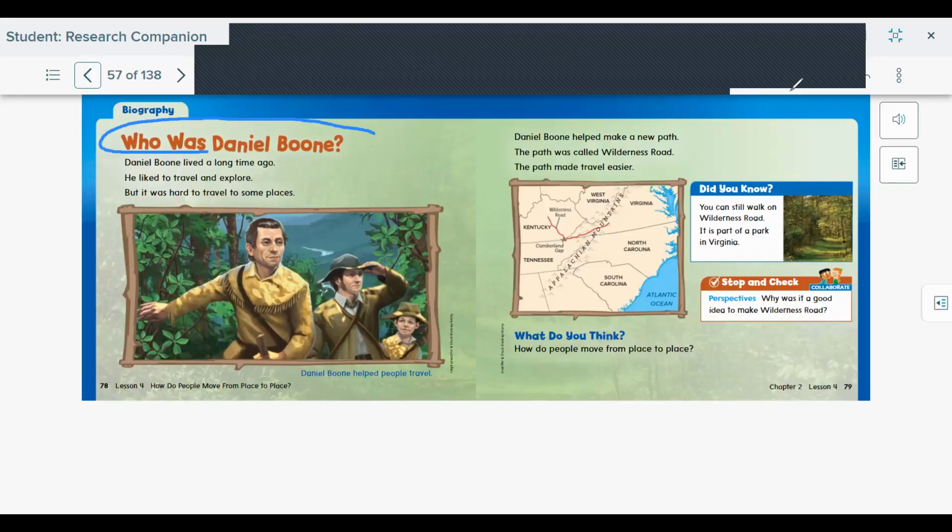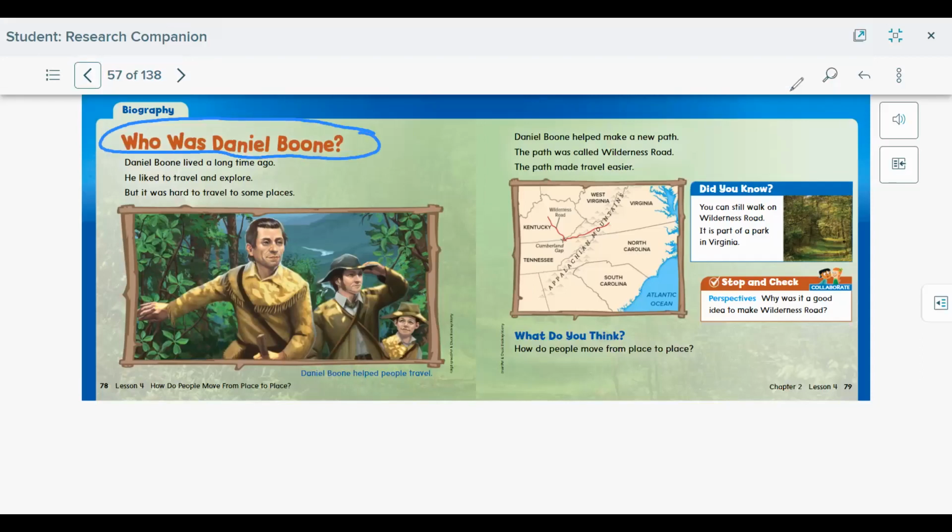Who was Daniel Boone? Daniel Boone lived a long time ago, and he liked to travel and explore, but it was hard to travel to some places. So Daniel Boone helped make a new path, and this path was called Wilderness Road. The path made traveling easier.